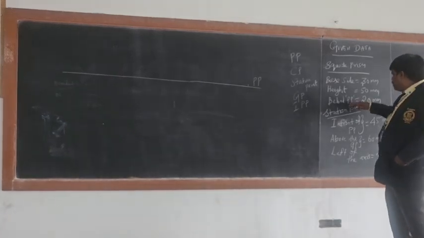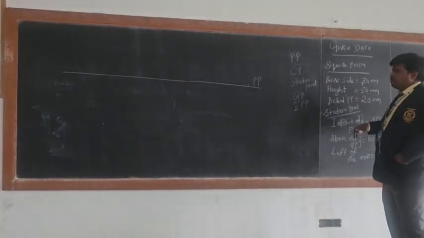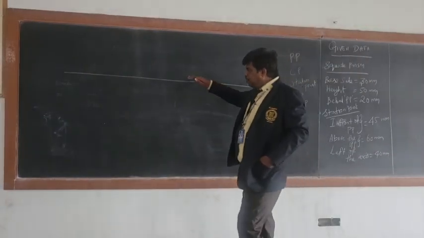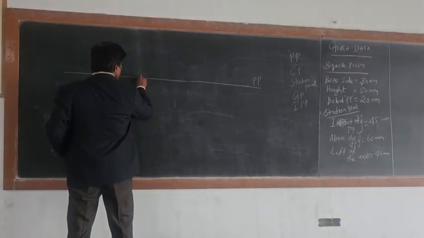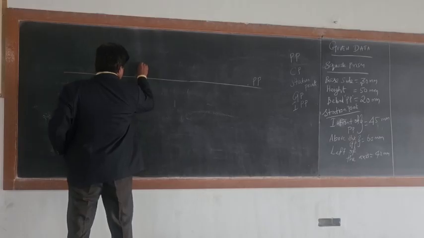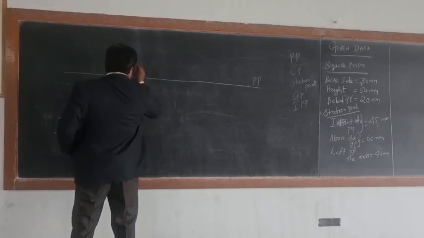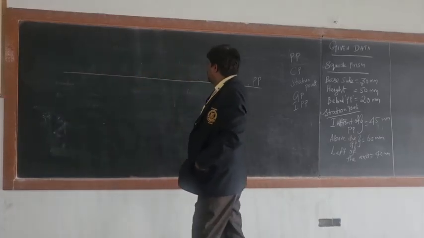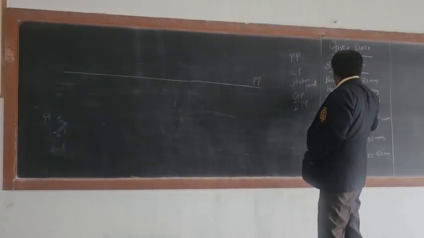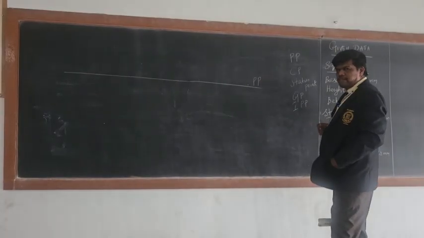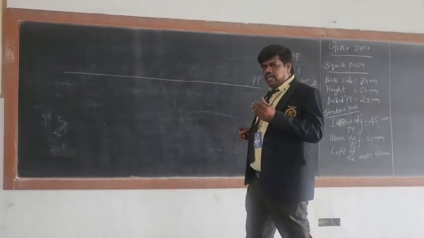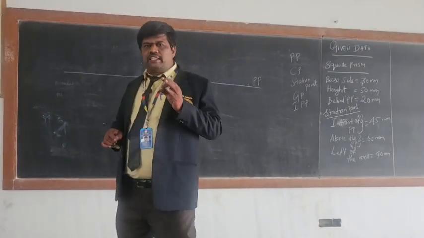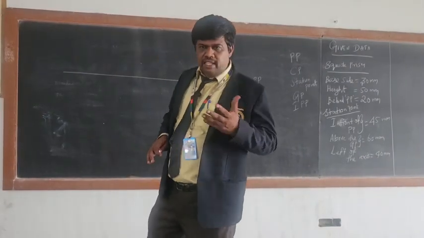Behind the fixed plane, 20 mm. From the fixed plane, you have to keep 20 mm. The base side is 30 mm. That means the square base side is 30 mm. We know that if one side is 30 mm, all four sides are 30 mm.